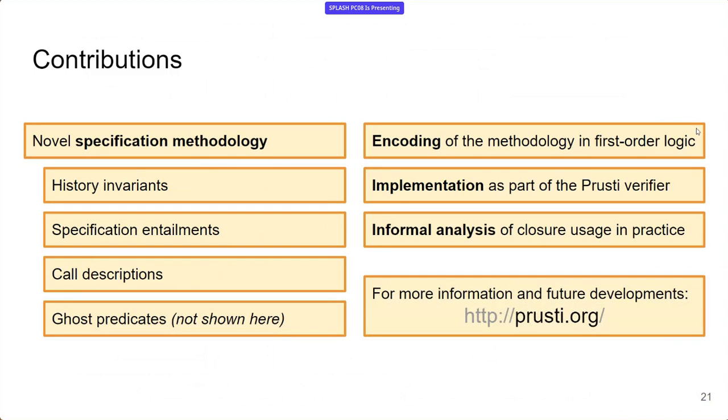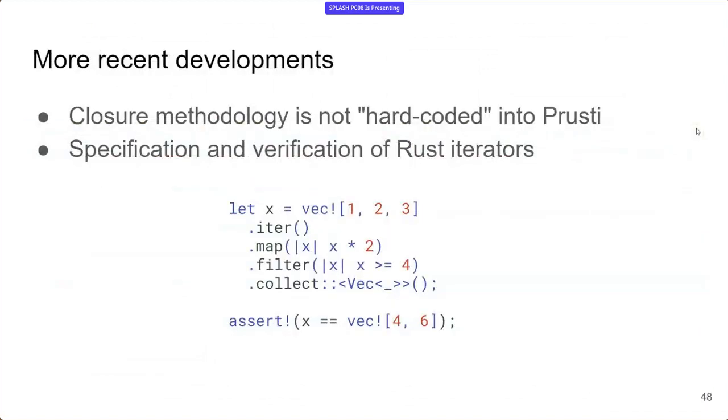There are some changes, I guess, since then. In particular, this methodology that I presented here is not hard-coded into the verifier. It's something that you can actually write using traits and certain features that we added to Prusti, so that you can basically develop a closure methodology in user-facing syntax.